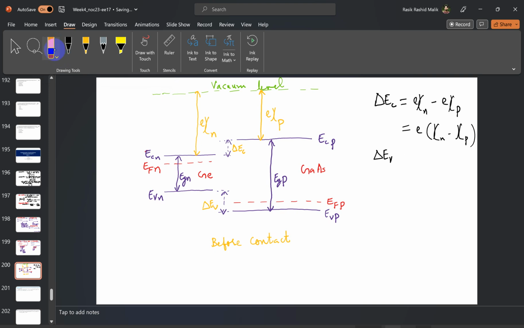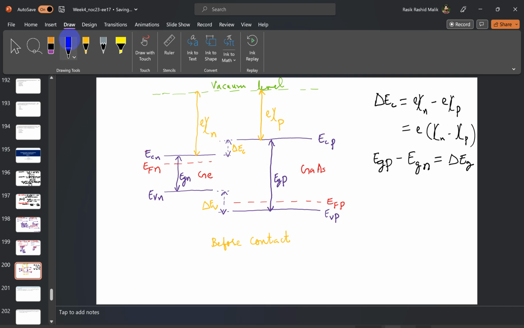We can write the energy band gap difference. If I write the Eg of capital P, the wider band gap material, and subtract the energy gap of the narrower band gap material, that is my delta Eg.